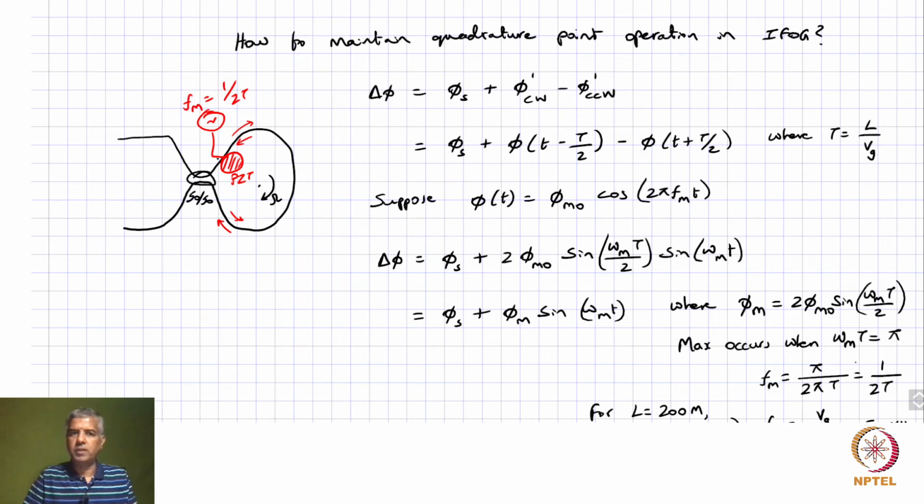Okay, that's what we are trying to pick up. What if there is actually some scattering from this point, so that the clockwise propagating wave gets scattered and propagates back? It is getting mixed with this counterclockwise beam, and that is actually introducing an error, and that could be a fairly huge error. We'll go into the details of that in a minute.